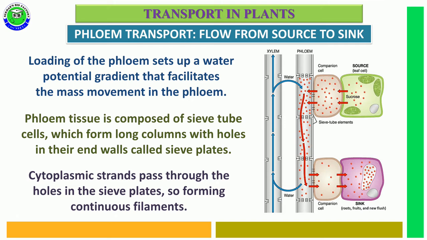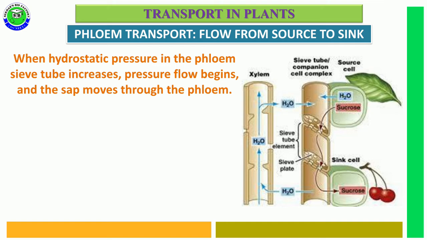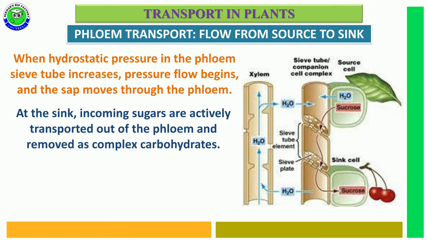The cytoplasmic strands present between two sieve tubes, through the holes or sieve plate, form continuous filaments. When hydrostatic pressure in the phloem tube is increased at a source, the sap moves through the phloem tissue.